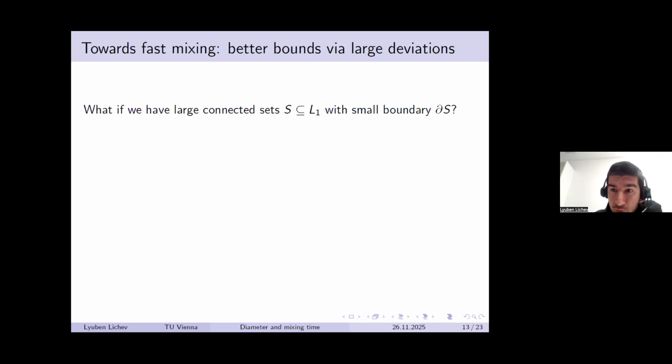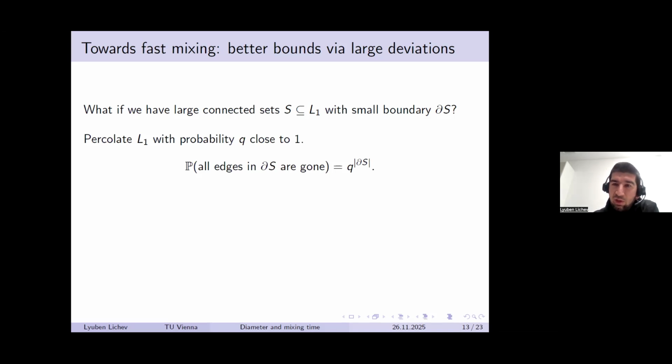So let me tell you how one could take into consideration this connectivity in an efficient way. Let's fix a large connected set in our giant component, and let's imagine that it has small boundary. When it has small boundary, this means that if we percolate with some probability q which is close to 1, then our set S will get disconnected from the giant component with probability q to the power of the number of edges between S and its complement in the giant component.